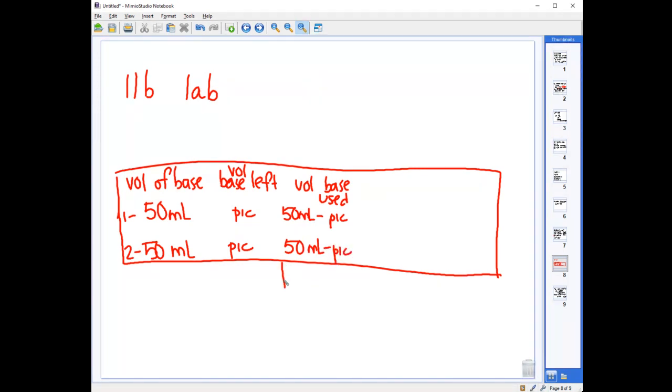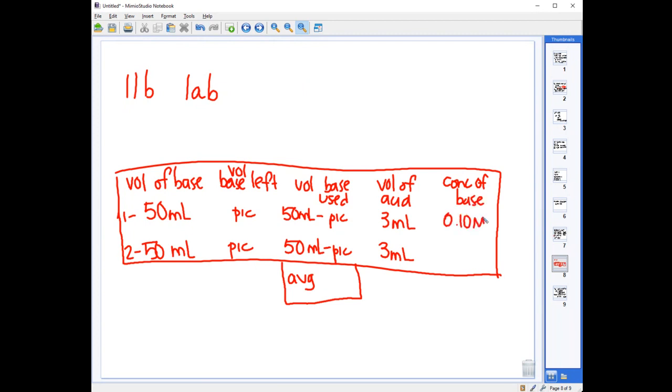And then you had a little box right here that says average. So whatever you get here and here, you're going to add those up, divide by 2, and that's going to be your average. Okay. Then you had the volume of acid. Well, we started with 3 milliliters of vinegar. And then the concentration of the base was 0.10 molar.